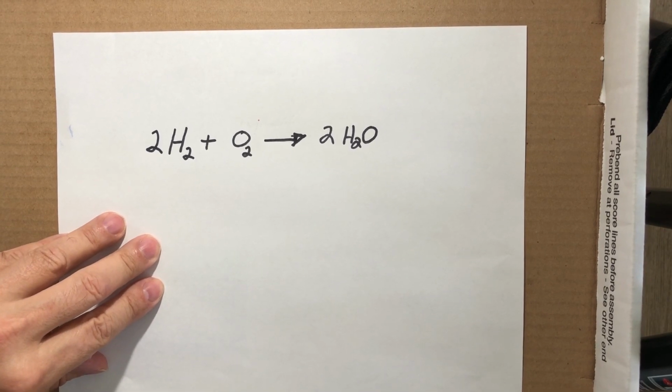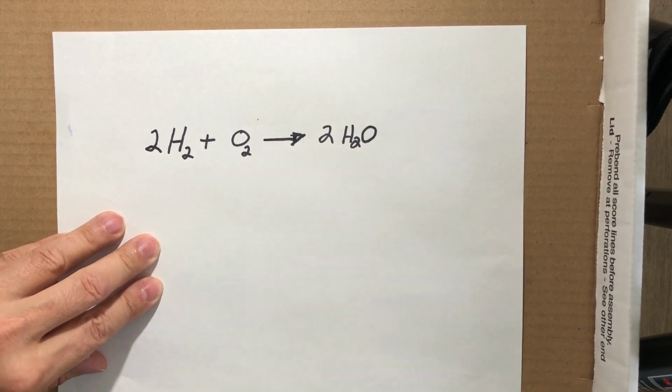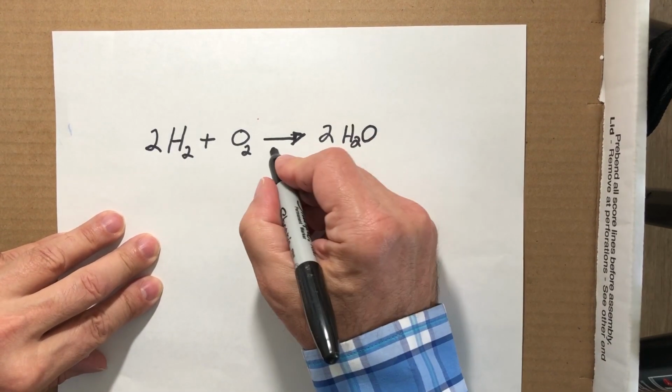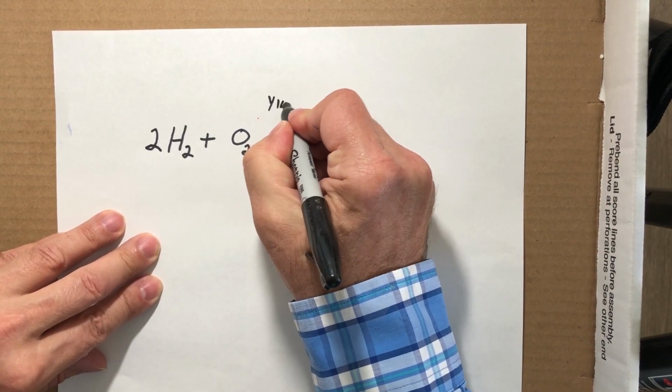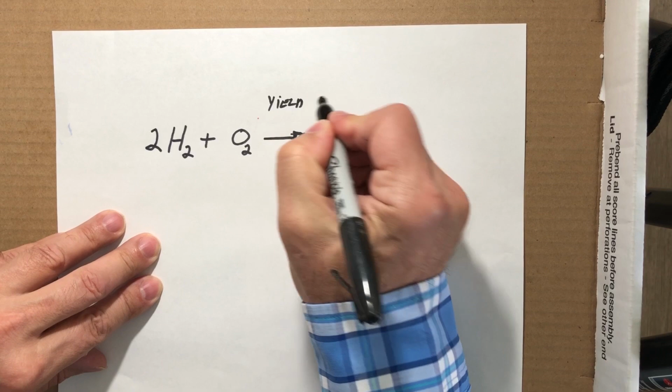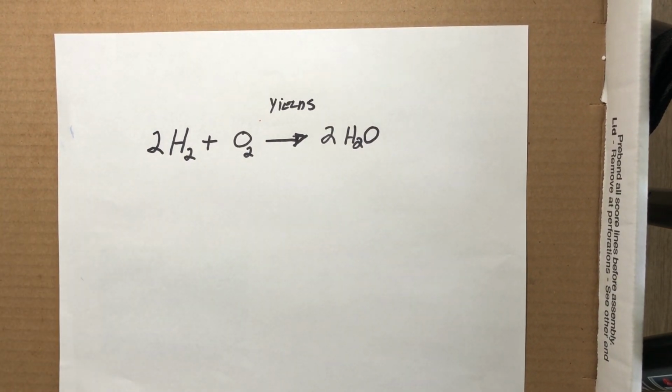Let's break it down a little bit about what these numbers and symbols mean. One thing is the symbol in the middle is called a yield sign, meaning that it gives up or produces water.